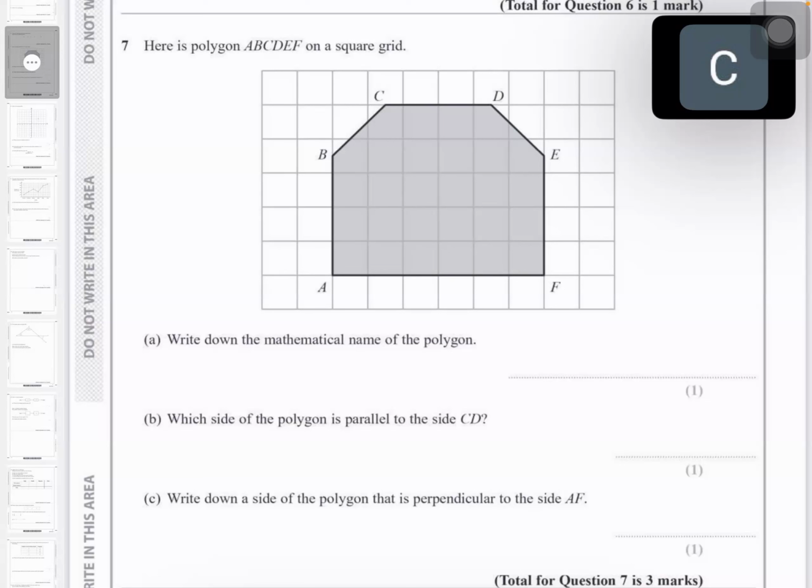Yes. Okay. Then what next? It says which side of the polygon is parallel to the side CD. Obviously, that's AF, isn't it? Oh, yes.